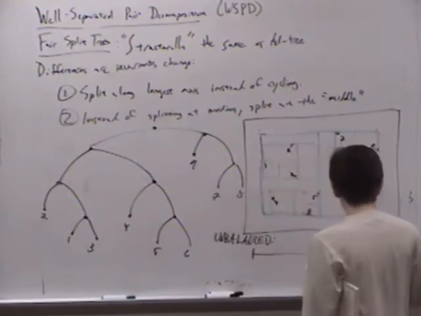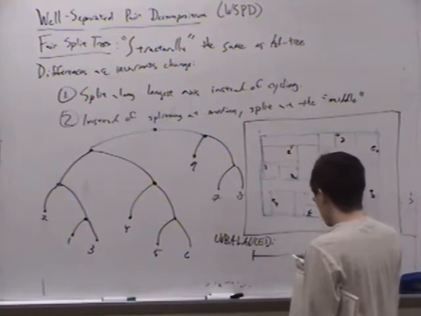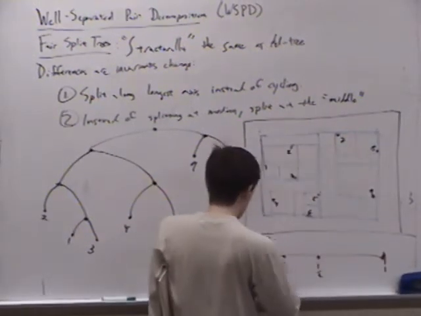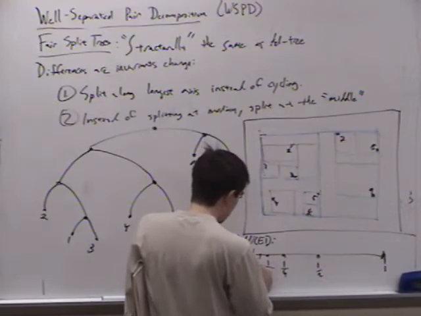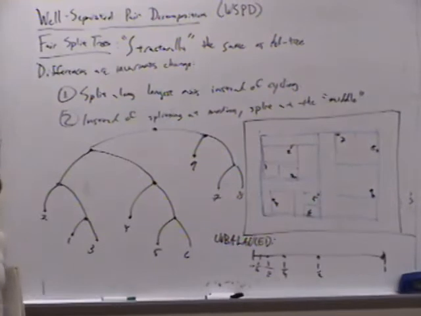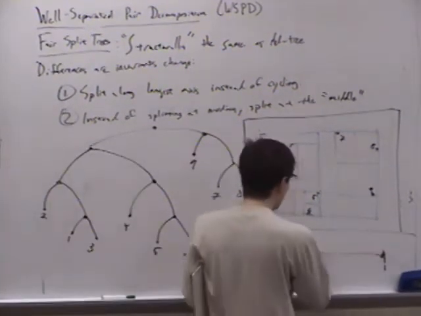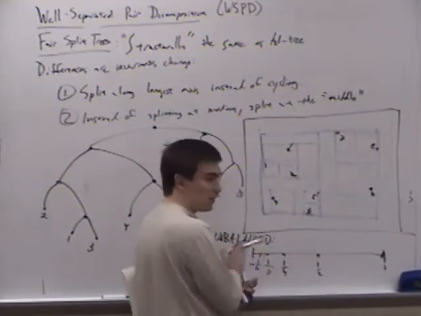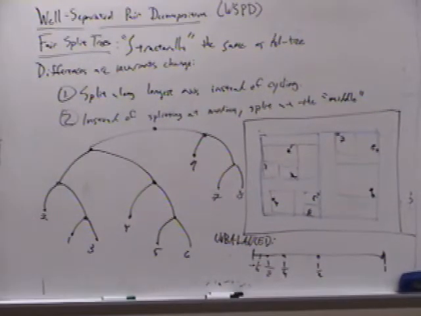We'll put our first point here. Put a point at 1, put another point at 1/2, another at 1/4, another at 1/8, and so on, down to 1/16, etc. If you build something like this, then when you construct a fair split tree, you're going to have to first split them at the middle, then split them at the middle, then split them at the middle, and every time you do this, you're going to add another layer onto the tree.